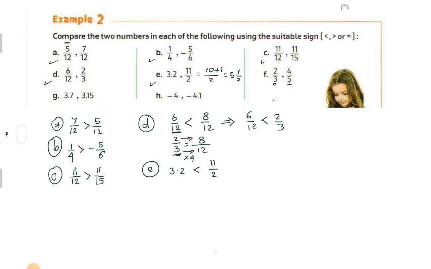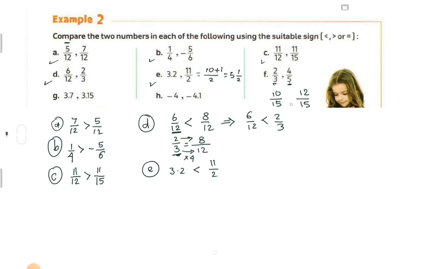So we convert them. 3 times 5 equals 15, 2 times 5 equals 10. 5 times 3 equals 15, 4 times 3 equals 12.